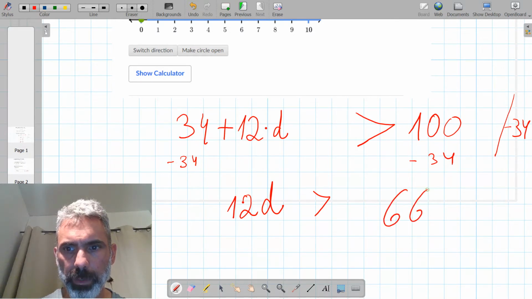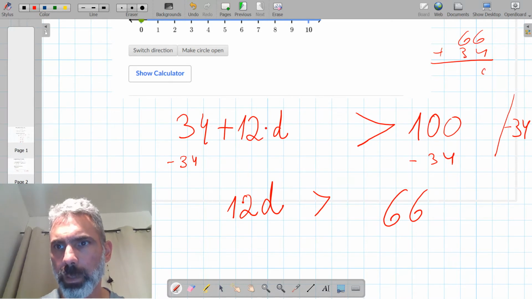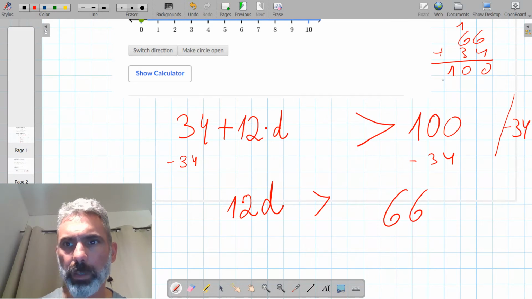So 12D has to be greater than 66, right? Check: 66 plus 34 is 100.